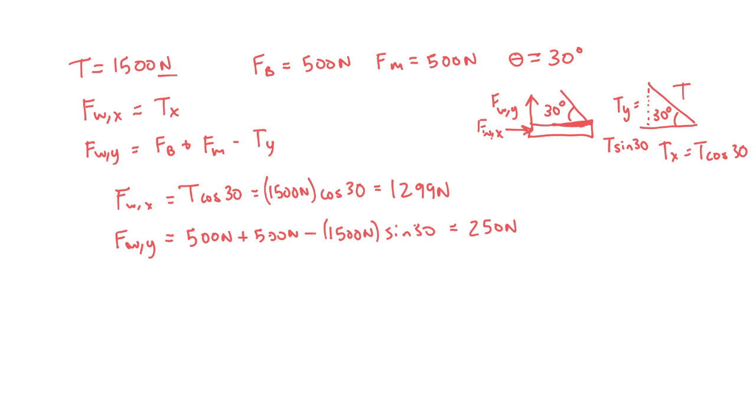So the answers to this problem are: the tension force is 1,500 newtons. The force on the wall in the x direction is 1,299 newtons, and the force on the wall in the y direction is 250 newtons.